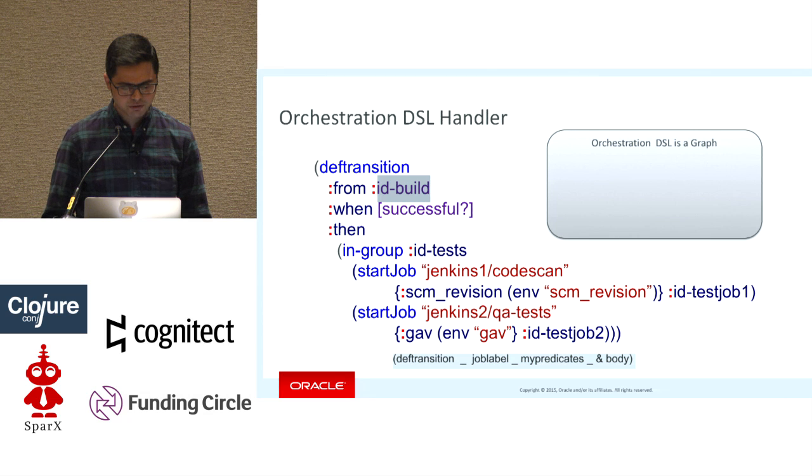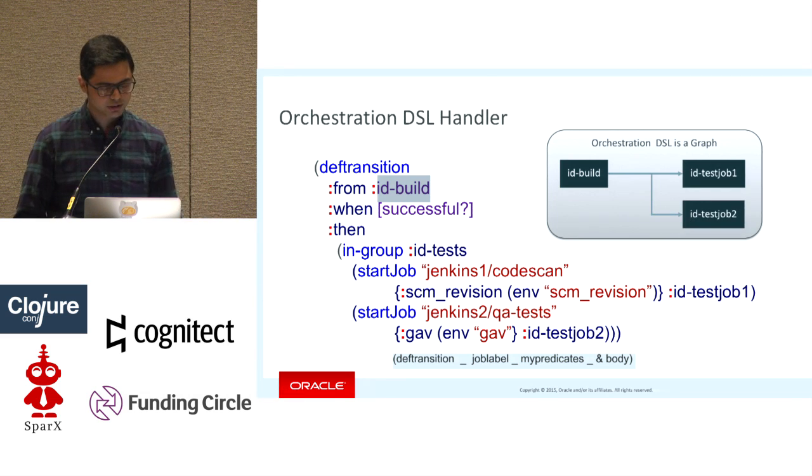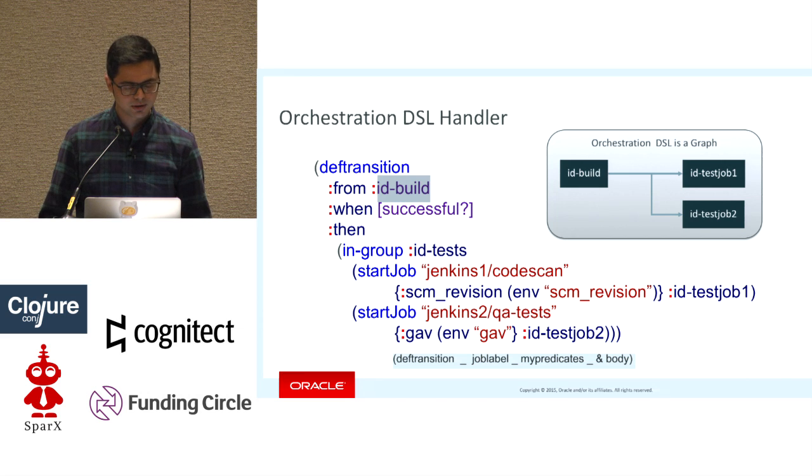So very simply, if you look at this handler in terms of what it corresponds to as a graph, ID build happens, and then we start a job called test job 1. We also start a job called test job 2. Both of them happen in parallel. And the DefTransition handler is the one that ends up defining the edges between these 2 nodes.